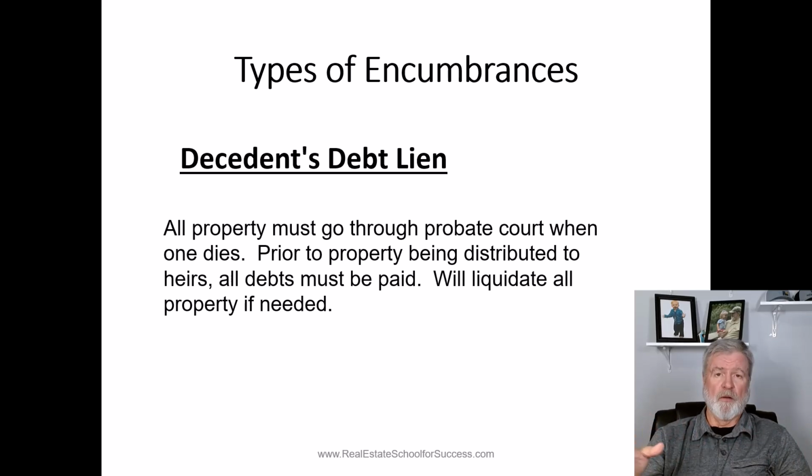Hopefully you've got a will where you've decided who's going to get your house and the car, whatever you own. But here's something you better understand. Before anybody gets anything, what does everything have to go through first? Probate. You got to go to probate court.